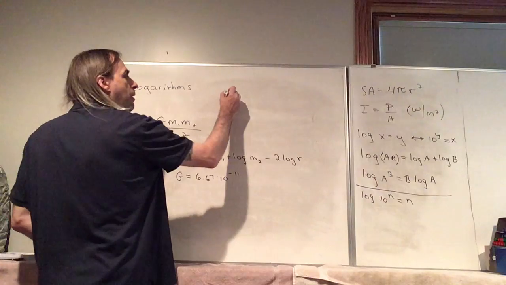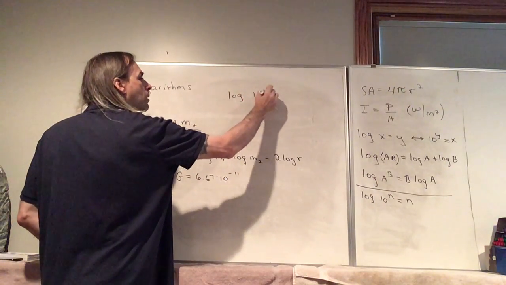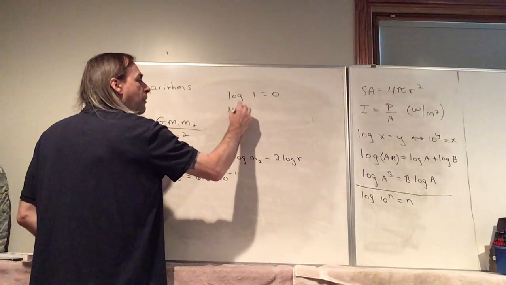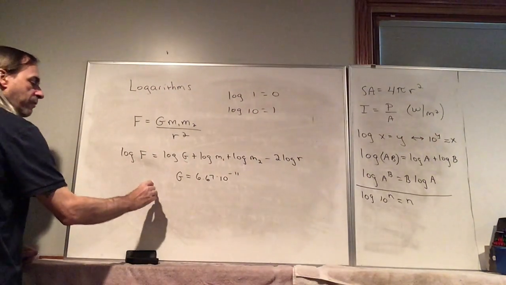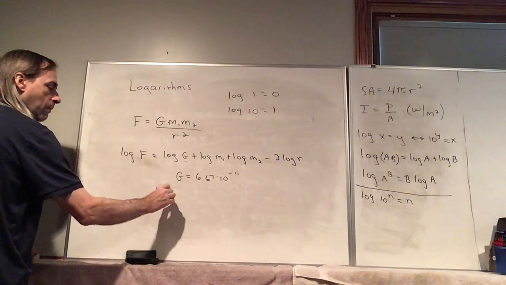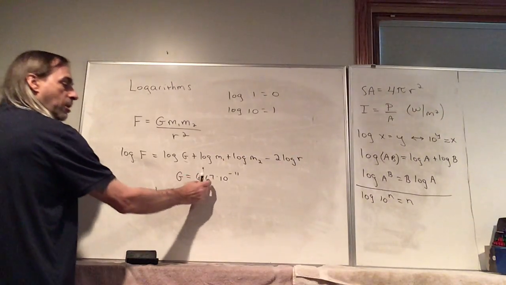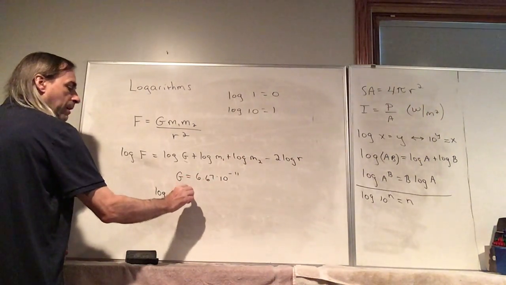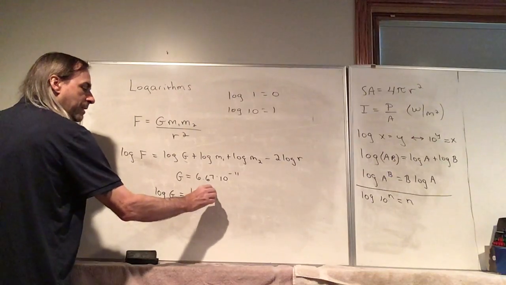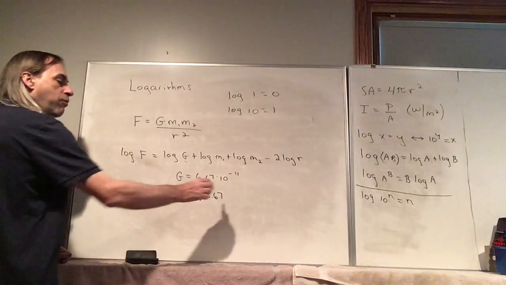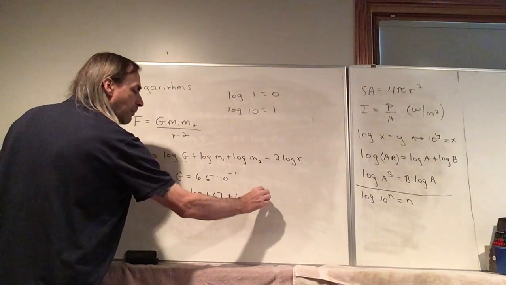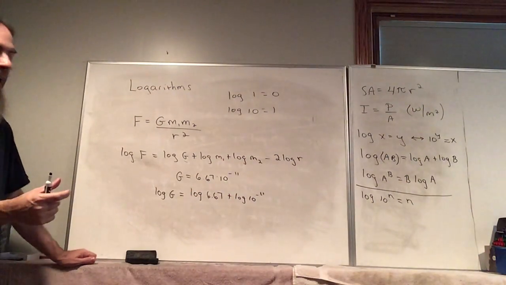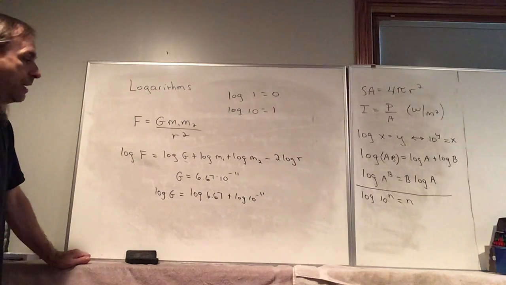Because we know that the logarithm of 1 is 0, and the logarithm of 10 is 1. So if we wanted the logarithm of G, we can write this as a product. We could say logarithm of 6.67, plus logarithm of 10 to the minus 11. Remember, log of 10 to the n is just n.